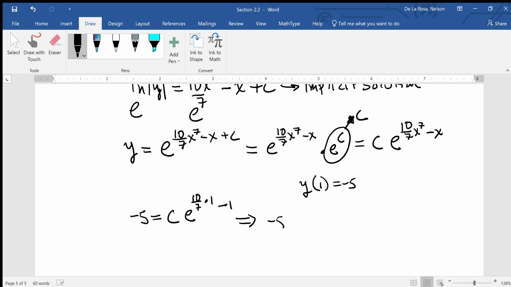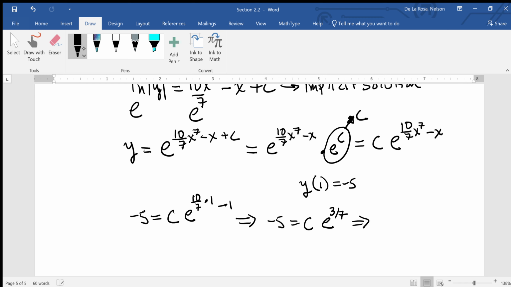We have negative 5 equals c. 10 over 7 times 1 is 10 over 7. 10 over 7 minus 1 is the same as e to 3 over 7.